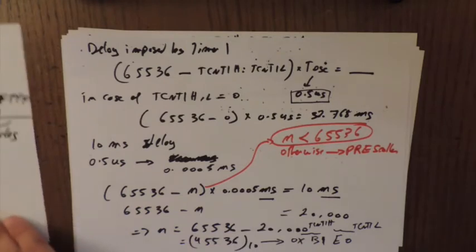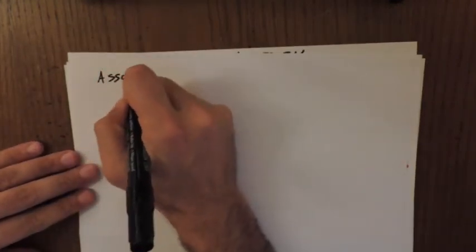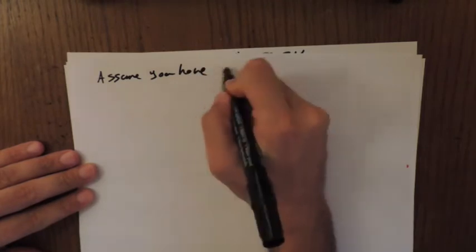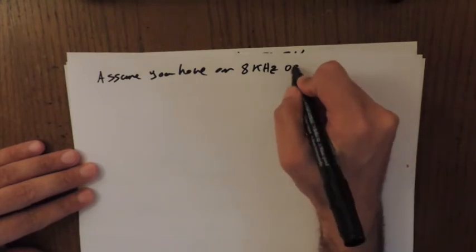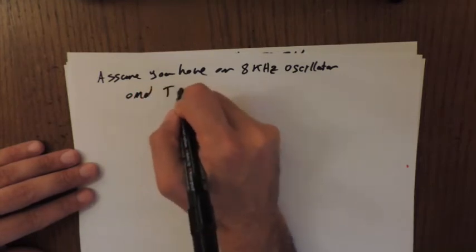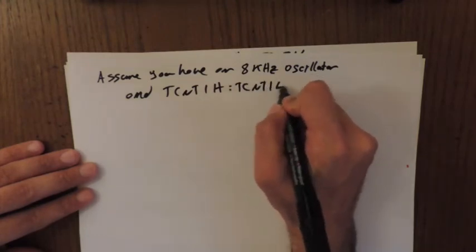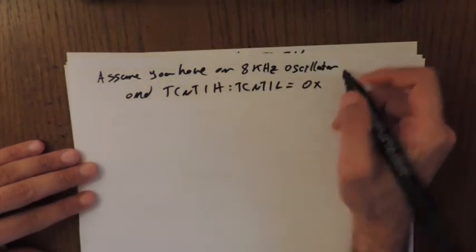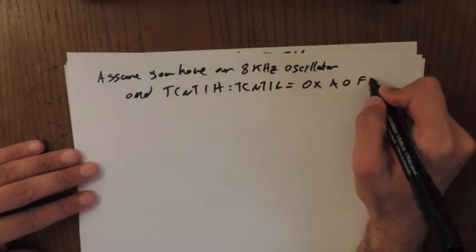I can give the problem in a different way. So let's give another problem. Assume now you have an 8 kilohertz oscillator and timer counter 1 high, timer counter 1 low is initialized to, let's say, 0xA0FB.